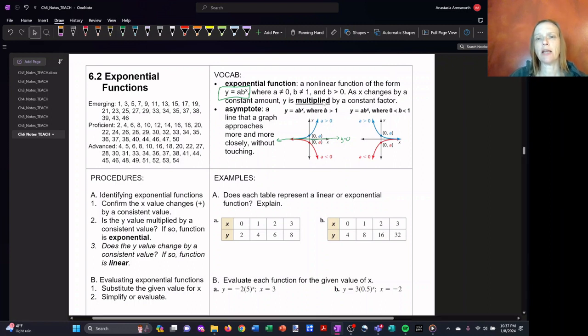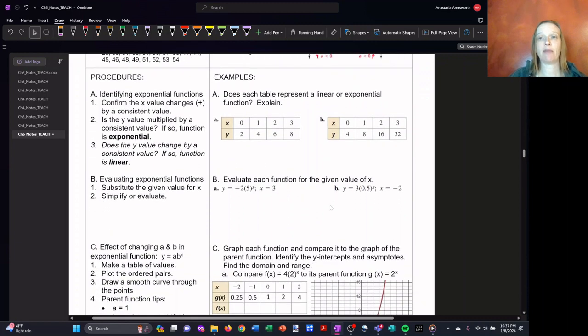So first, let's learn to identify exponential functions. As I said, exponential functions are when you multiply by a consistent value. But before we can check to see if the y value is being consistently multiplied by the same value, check to make sure that your x value increases consistently.